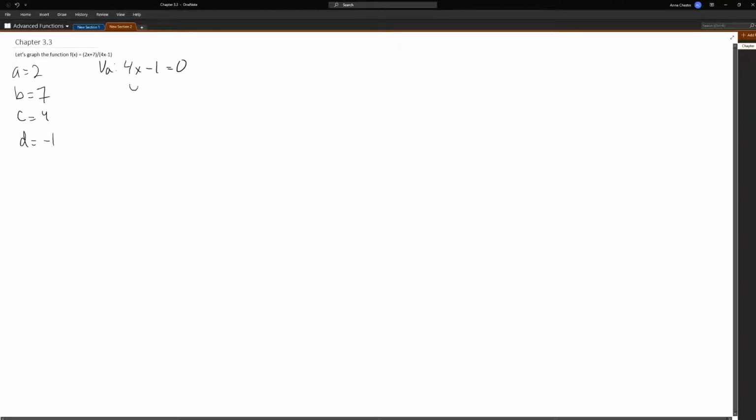So for x equals 1 over 4, this is our vertical asymptote. Now, the horizontal asymptote is equal to the value of a over c.